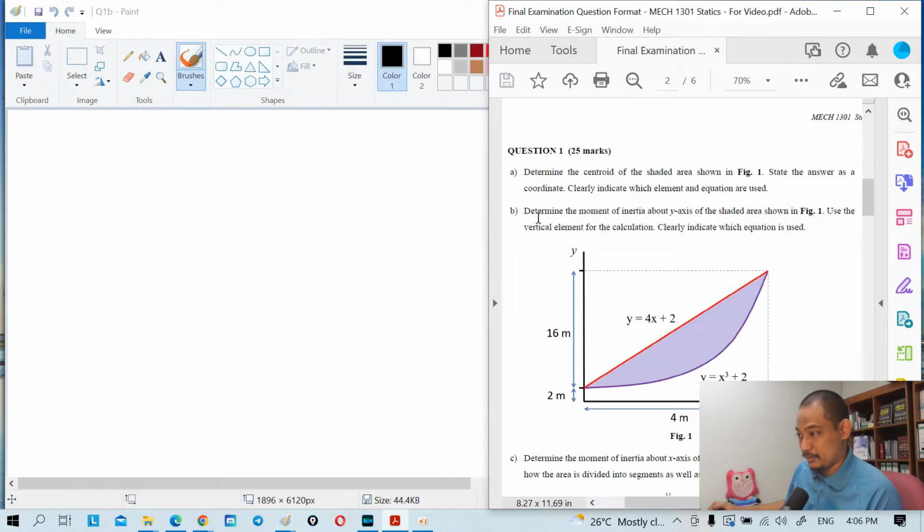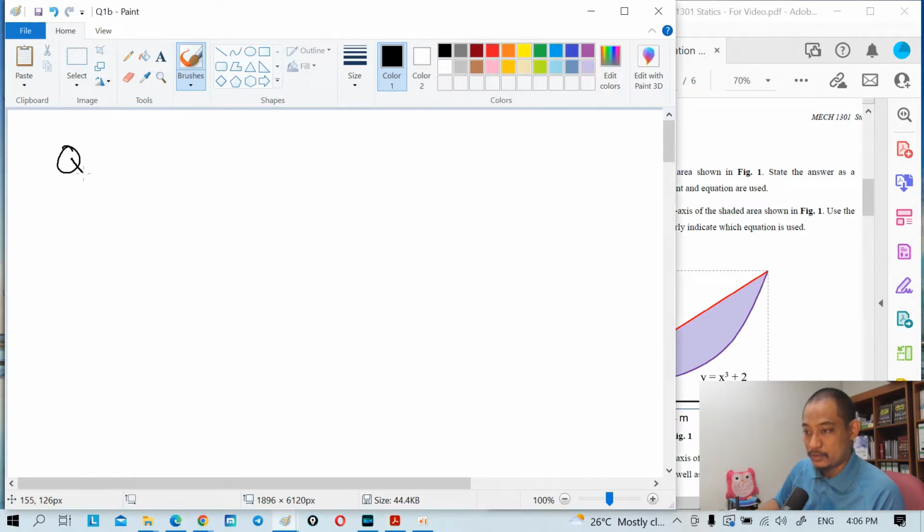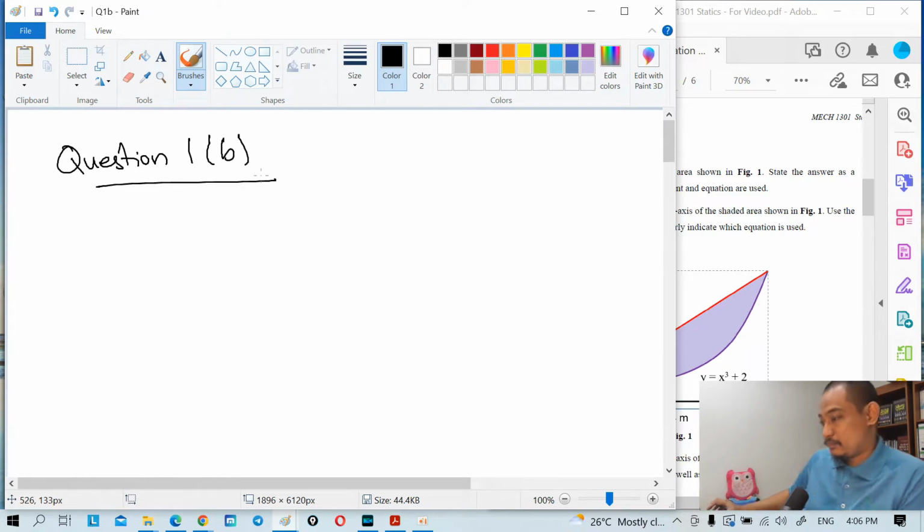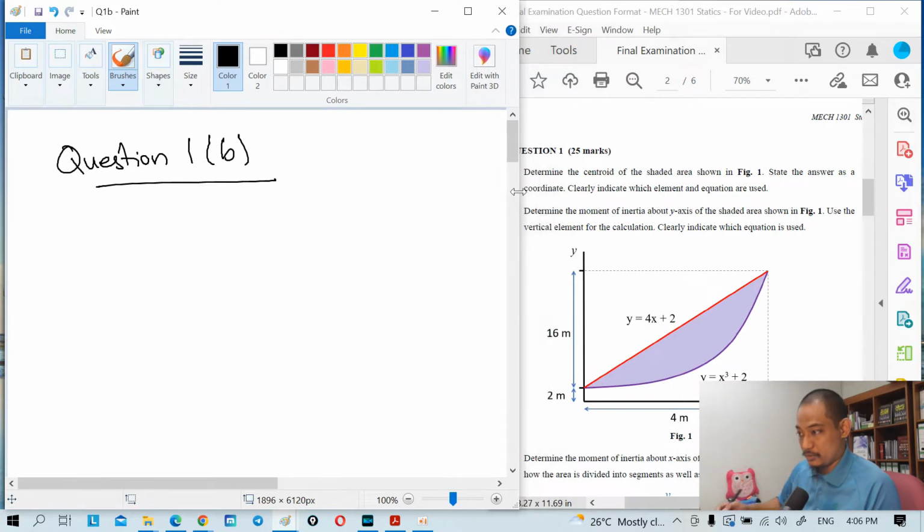Okay, question 1B. Determine the moment of inertia about the y-axis. We are running out of time. So again, we will do integration. So what is the equation?